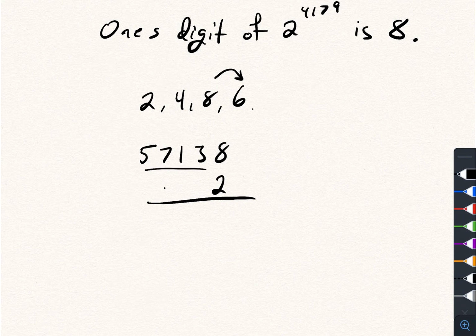This 8 right here, when I multiply it, I'm going to get 16. So I'll bring the 10 up there. What I get over here is not going to matter. I multiply this thing times 2, and I carry this 1 over here. The only thing that really matters is that the ones digit is going from a 2 to a 6.